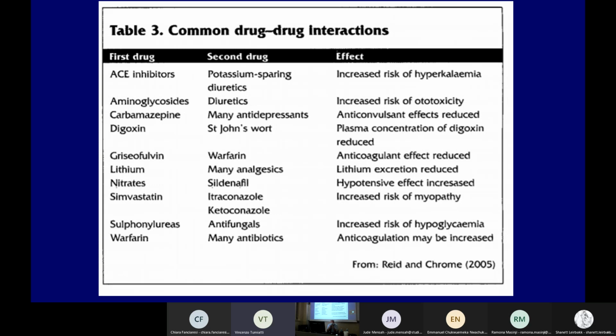Warfarin is used as a mouse killer. If you want to eliminate mice at home, you have to use warfarin, and so they die because they have a lot of problems with the coagulation inside the body.